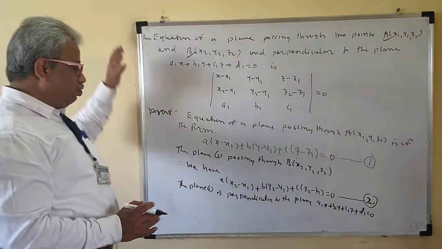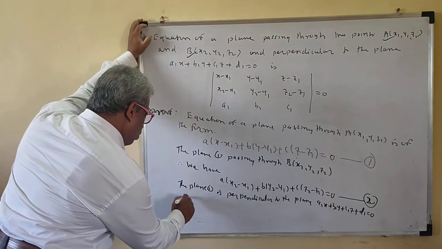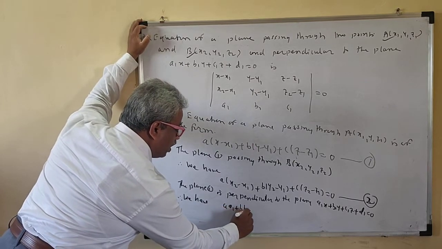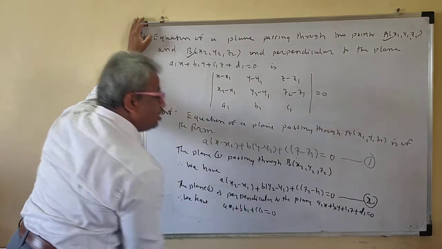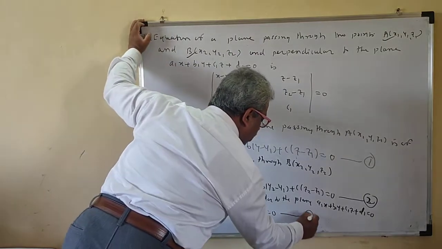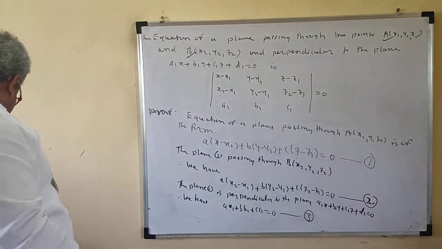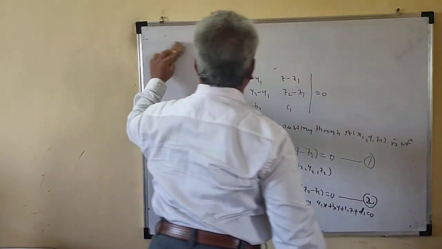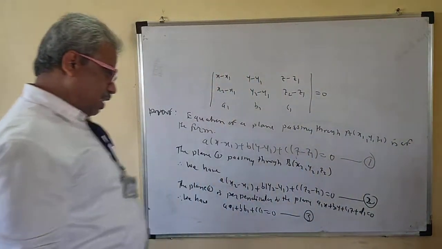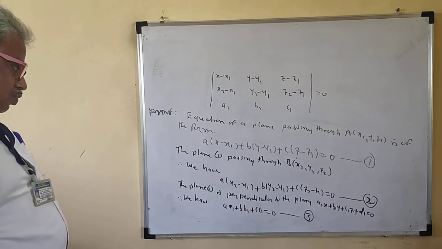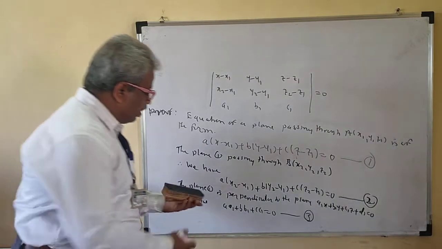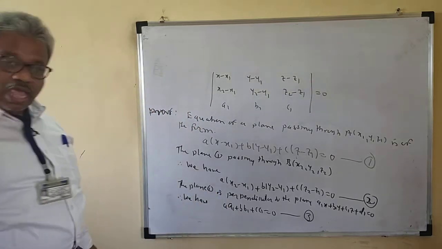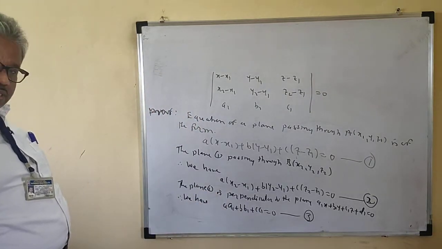So the dot product is 0, you know that. Therefore we have Aa1 + Bb1 + Cc1 = 0. We call this equation 3.